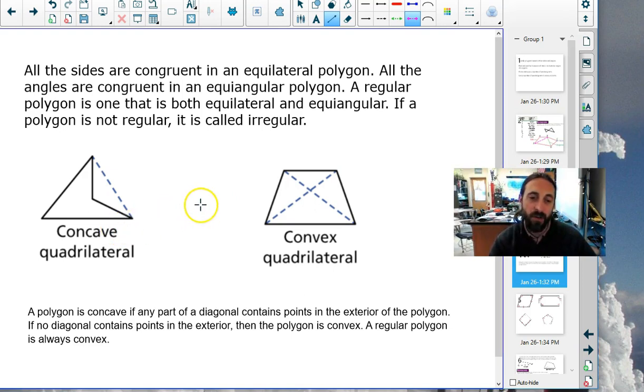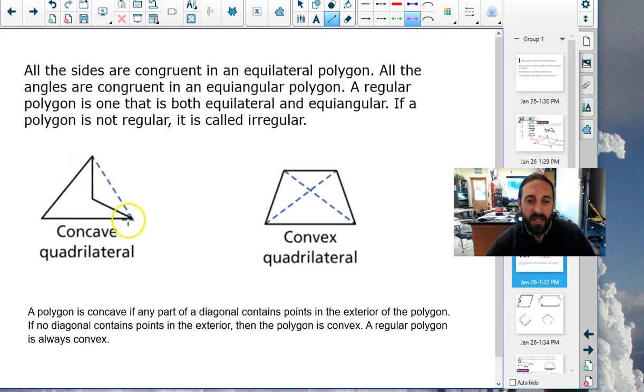The next thing we're going to talk about is concave or convex. A polygon is concave if any part of a diagonal, any diagonal, is in the exterior of the polygon. So take a look at this quadrilateral right here. Why is it a quadrilateral? It's got 4 sides, right?